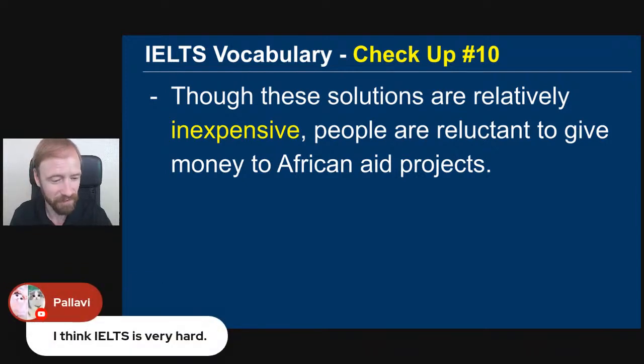I think IELTS is very hard. Well, Pallavi, don't think of IELTS as hard. Just think of, I have to improve my level. Your goal, most people's goal is not to get band 9. Your goal is not to get perfect. You need band 6, band 6.5, band 7.